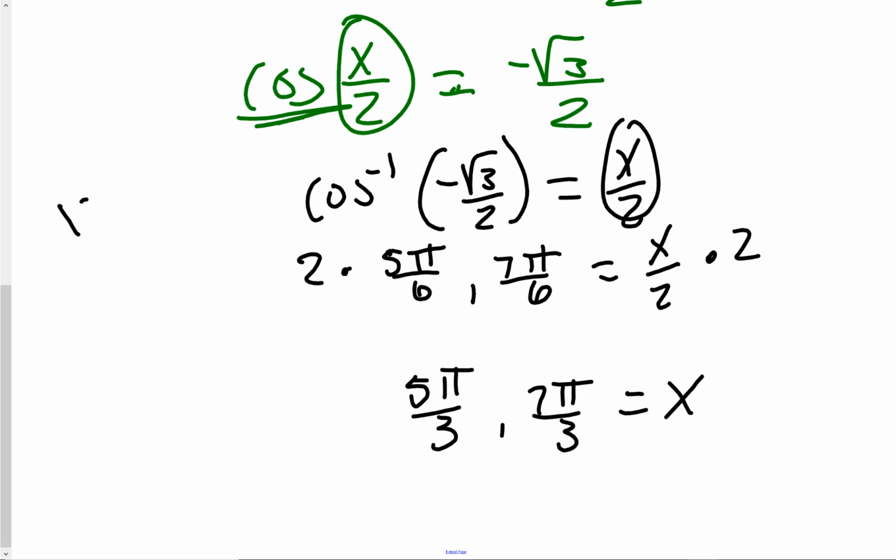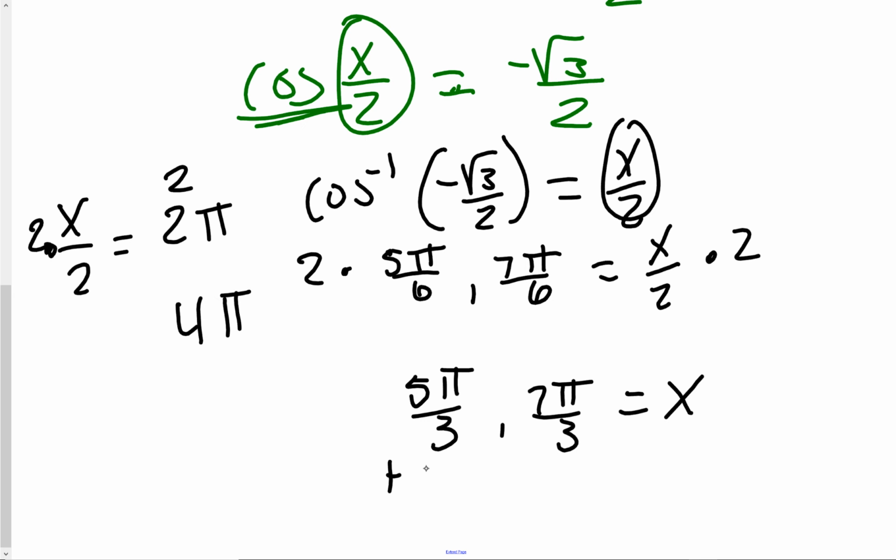Not quite 2 pi, because normally when it's just x, I get my answers, right? So normally it repeats itself every 2 pi. But because it's x over 2, I need to multiply both of these by 2. So it's actually every 4 pi that these are going to repeat itself. So I have to add 2 pi n to this and plus 2 pi n to this.